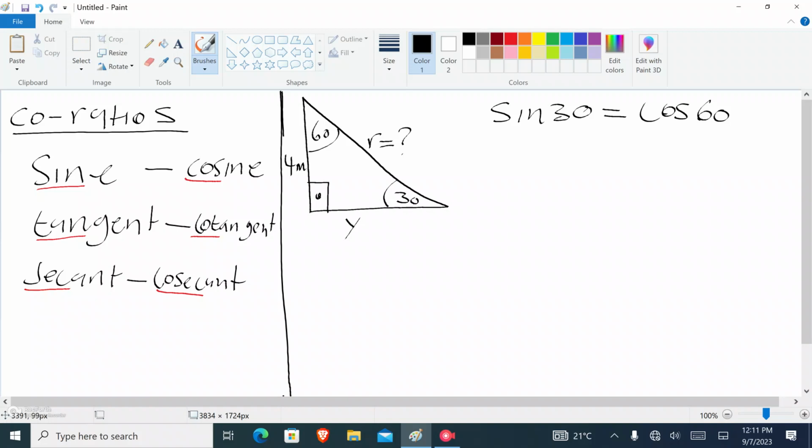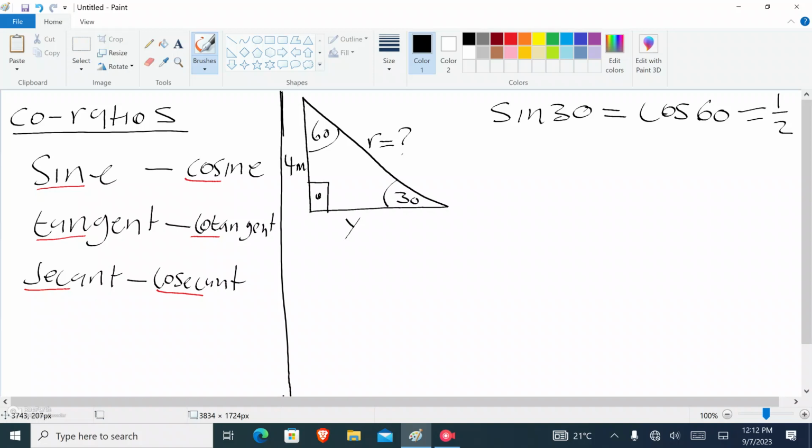So if you insert on your calculator sine 30 and cos 60, you will get the same thing. Now let's do that. I'm going to insert cos 60. Cos 60 gives us 1/2, which in this case is half.